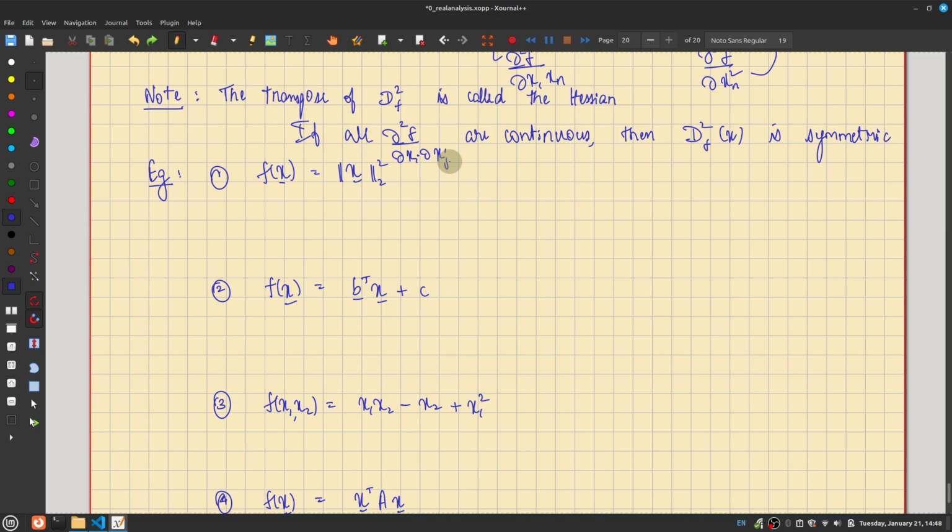Alright. Okay, some very quick examples. Suppose I have f of x equal to the 2 norm of x, the whole square. What would the Hessian matrix look like? So what is df of x?